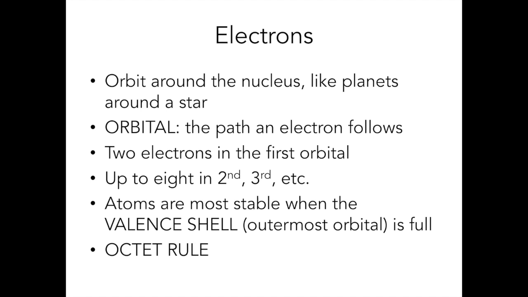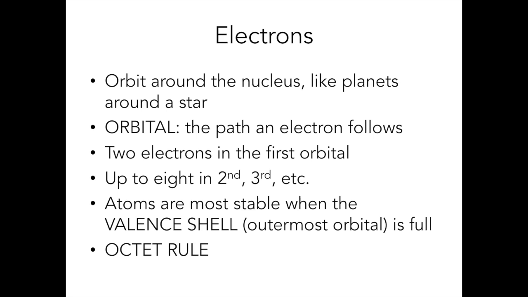Now, atoms are not most stable when there's no charge. So the positive and negative charges is not what makes an atom stable. What makes an atom stable is when the valence shell, which is another name for that outermost orbital, is full of electrons. And that's what we call the octet rule. We want atoms to be stable.